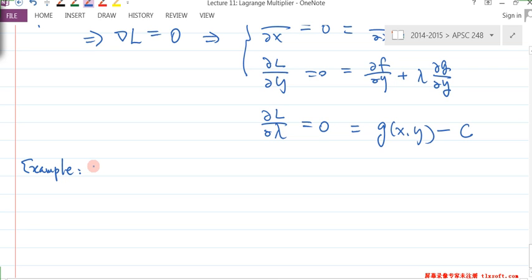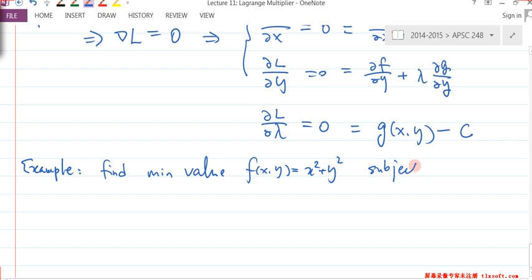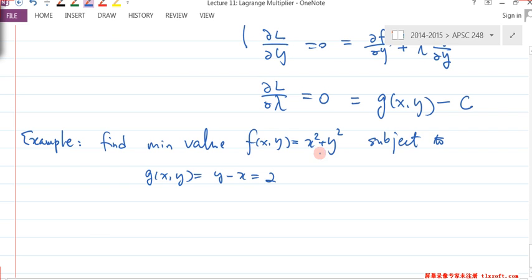Find the minimum value of this function subject to the constraint g of x, y equal to y minus x equal to 2.